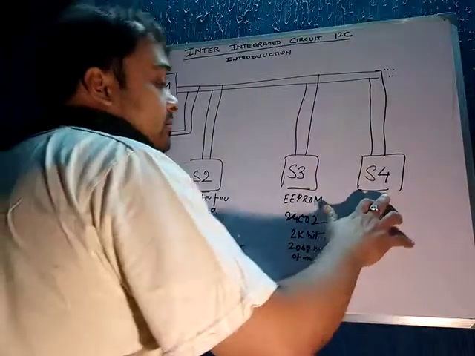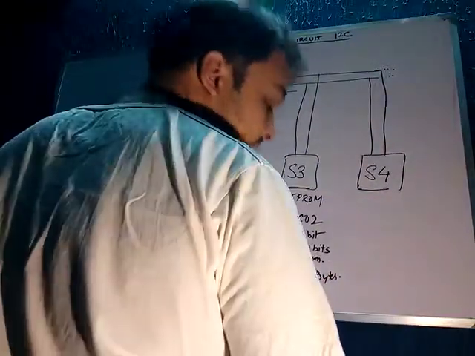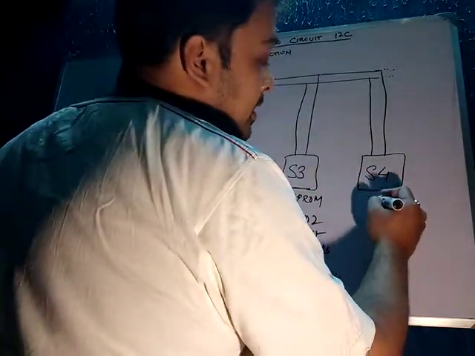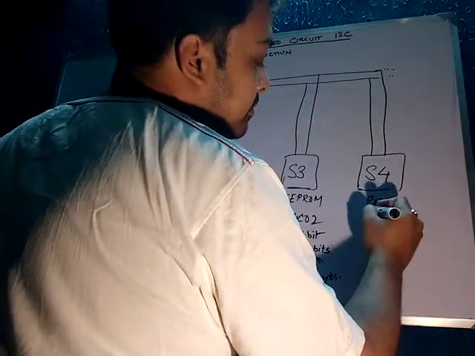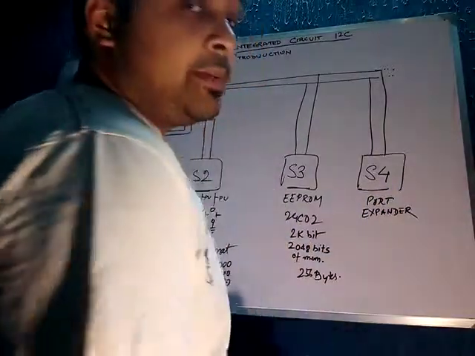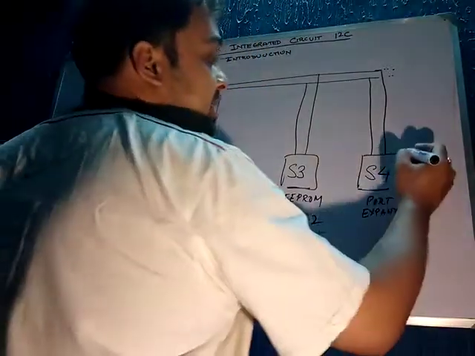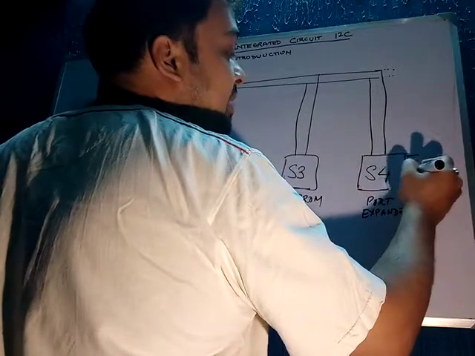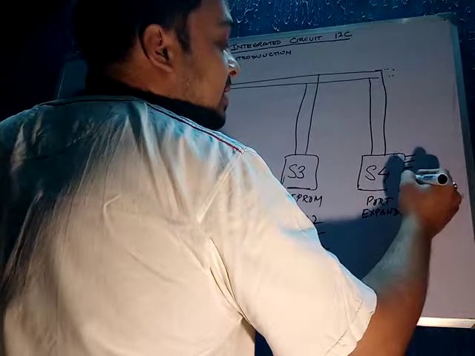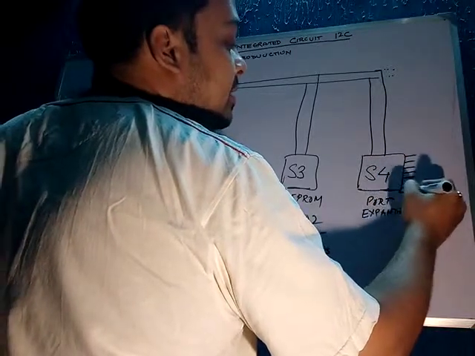Now this one is interesting. This is something that I call a port expander. What is a port expander? A port expander is nothing but, you will have 8 pins over here. 1, 2, 3, 4, 5, 6, 7, 8, right?